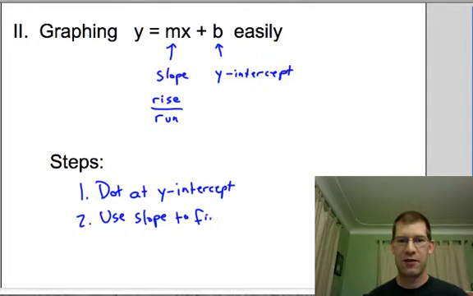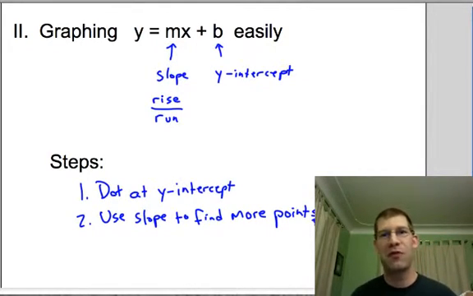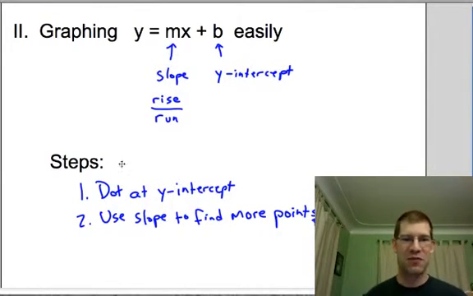I've noticed on quizzes and tests where people often lose points is this part right here. That really means find more points, don't just find one more. Especially if the slope is small, like 2, like I had before. If you have a dot on your y-intercept, you go up 2 over 1, connect those with a straight line. Even if you're using a ruler, often you're not quite through the dots and you're off by the end of the graph. So people kind of get nickeled and dimed for accuracy there.